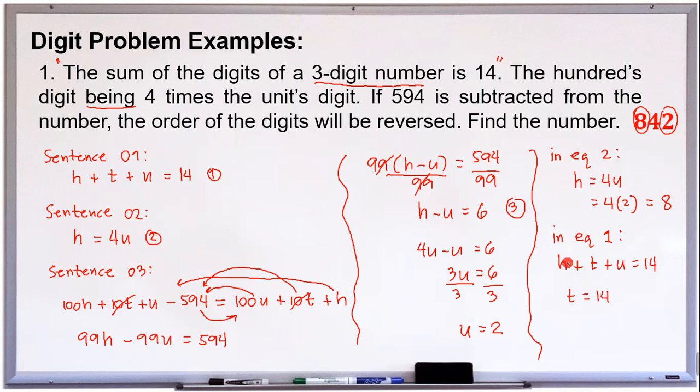Now we're going to transpose H and U to the right side of the equation, so minus H and minus U. So this is 14 minus 8 minus 2, which is equal to 4. Therefore, our number has 8 for the hundreds digit, 4 for the tens digit, and 2 for the units digit.